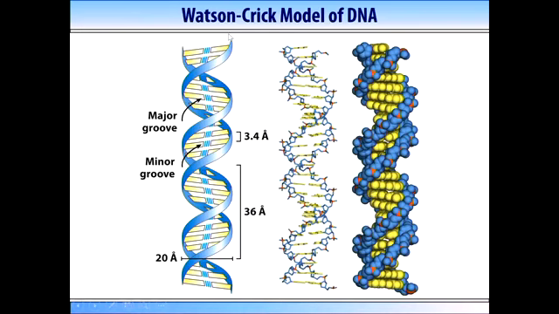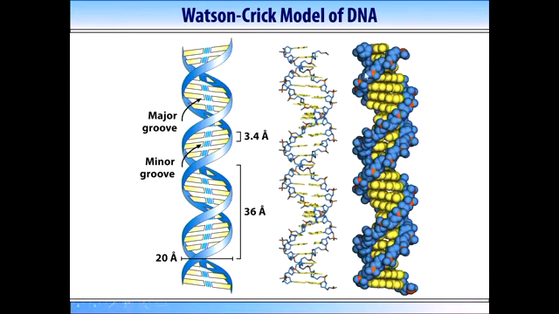So the 3' will be at the top and the 5' will be at the bottom. The nucleotides look inwards and form hydrogen bonds with each other. A always base pairs with T, and G, or guanine, always pairs with C, or cytidine. The sugar phosphate backbone is located on the outside, as you can see.